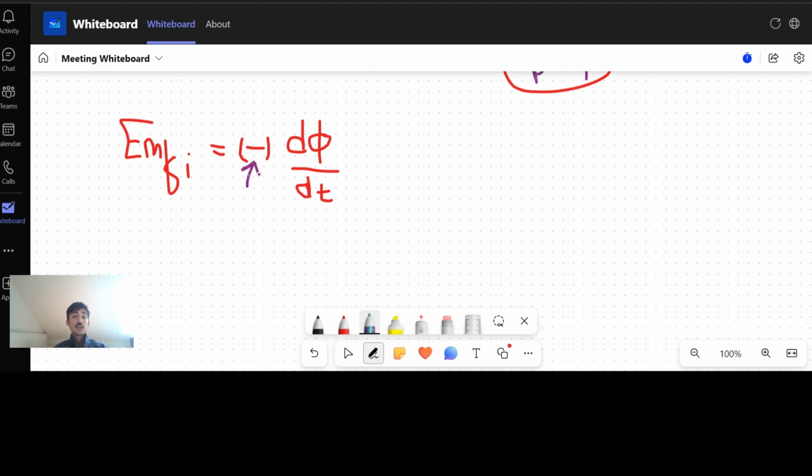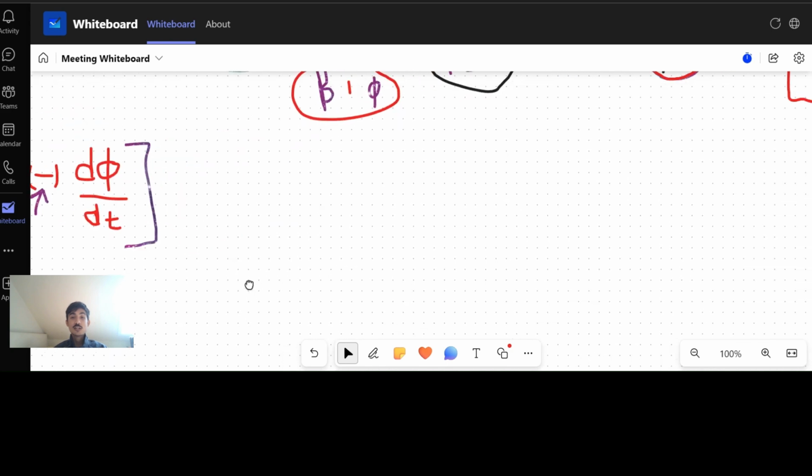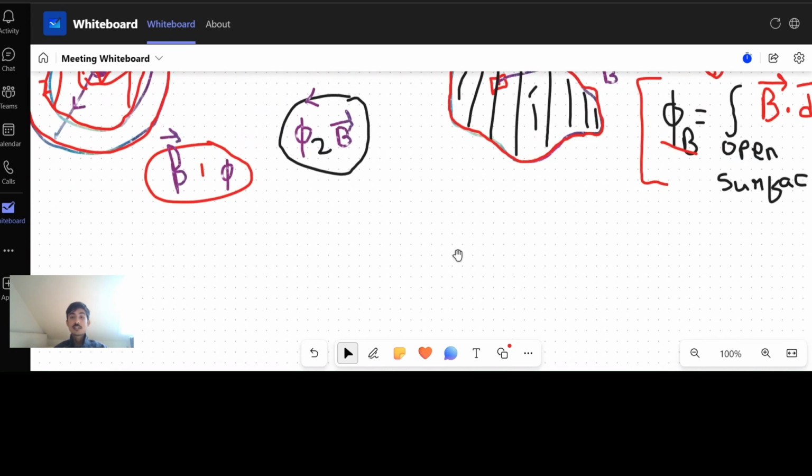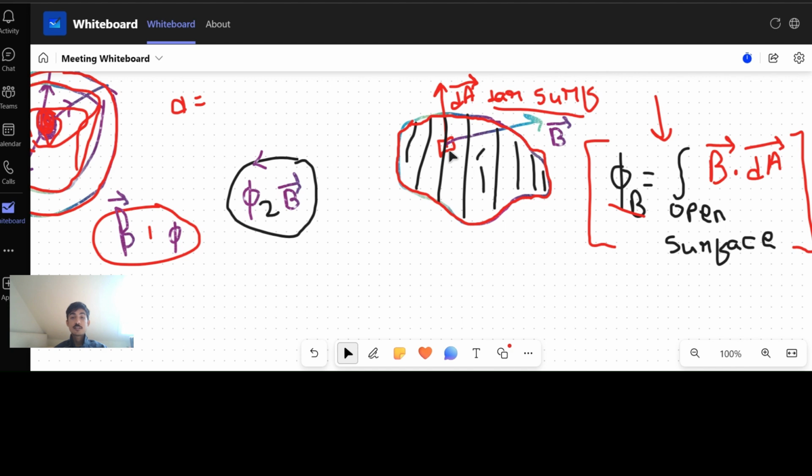Now this is not Faraday's law, please see this. This is just a small amount of Faraday's law. You might have studied this as Faraday's law, but Faraday's law says that the change in magnetic flux through the surface, on the same circumference current is induced, so that is related.